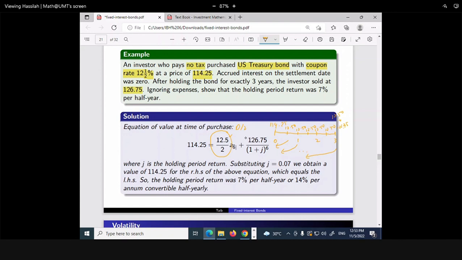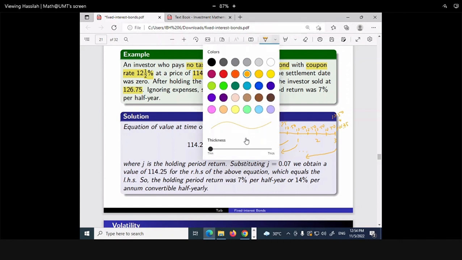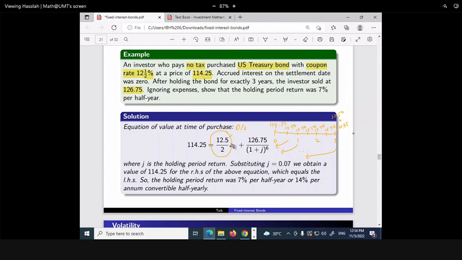Dan finally, kalau you pegang sampai redemption, sampai maturity date, last value ni adalah 100 bahagi dengan 1 tambah I. Sepatutnya yang sebelum ni dia akan jadi 100 kat sini, tapi sekarang selepas 3 tahun you terus jual dengan harga 126.75. So you discountkan je balik ke masa kosong.